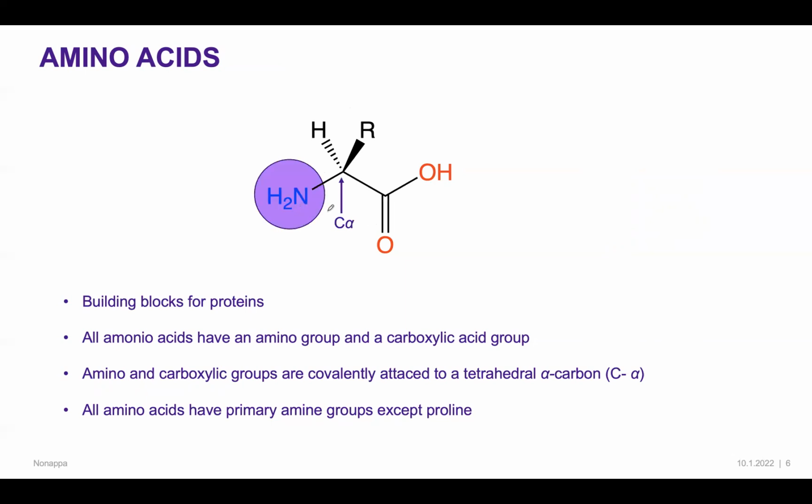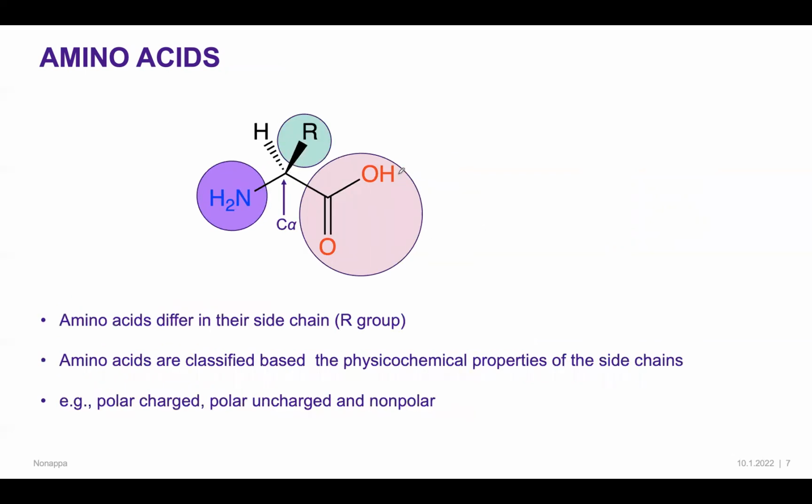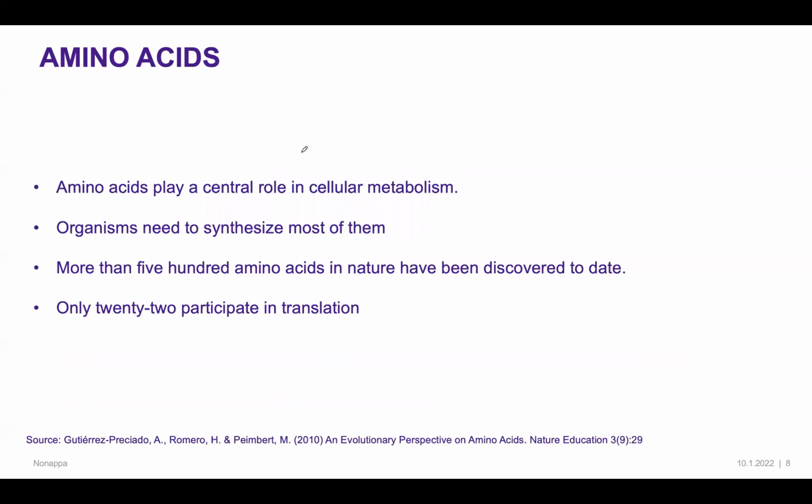All amino acids have a primary amino group, except proline, which has a secondary amino group. And all amino acids differ in their side chain R group. Based on the property of the side chain, we can classify amino acids into polar, non-polar, charged, or uncharged.